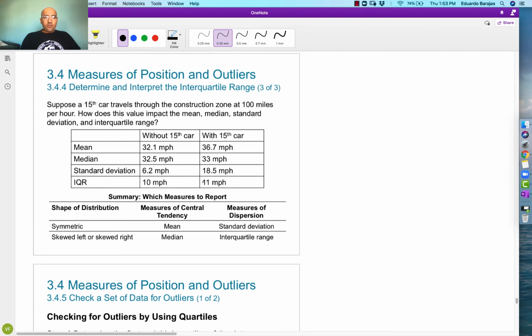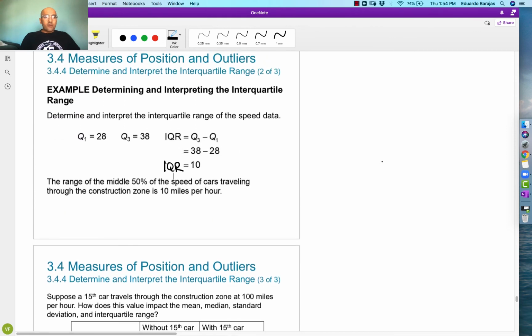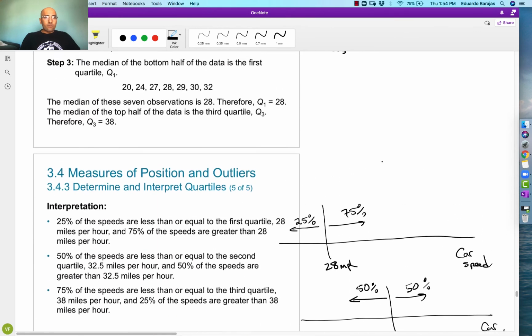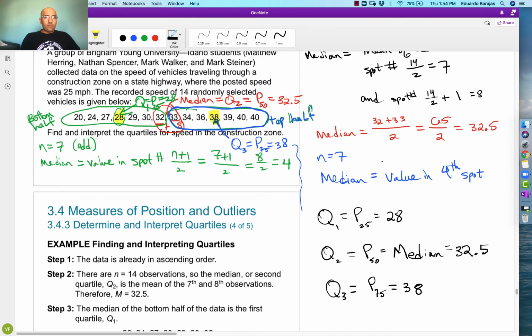Let's confirm that these are the results by adding that extra car using our calculator. This would be a good place to introduce how to do this work with your calculator, which we've already done anyway, so it's a good place to review. So let's go back to our original data up here. So here's the original data of our cars.